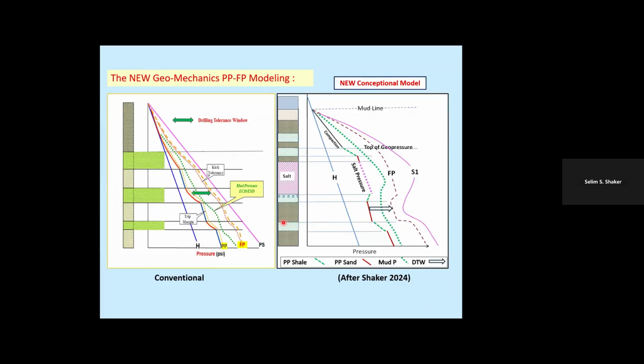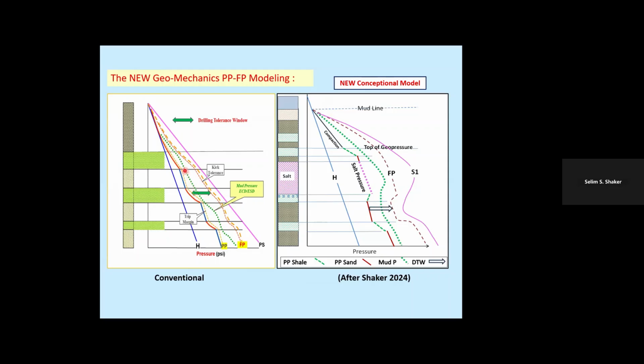Now, we came up after collecting tons of data from the Gulf of Mexico and overseas, and we came up with this. Here is the traditional pressure plot for the subsurface. You have the hydrostatic, the principal stress, which is usually the overburden. Here you have your pore pressure.